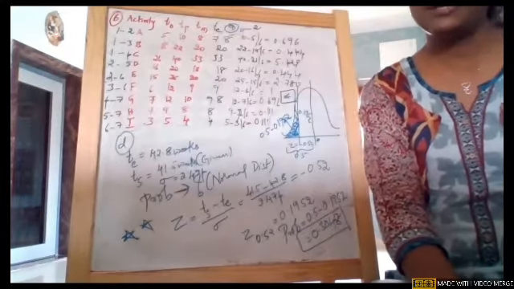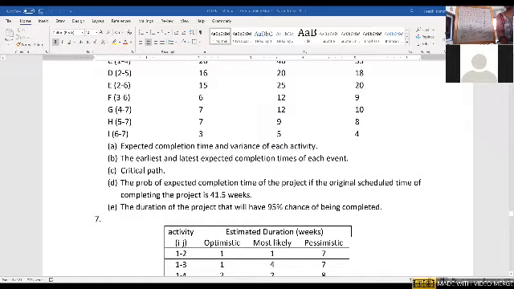I'm just sharing the question. In the 5th bit, they are asking for the duration of the project that will have a 95% chance of being completed. I kept this because we need to do it in reverse form.